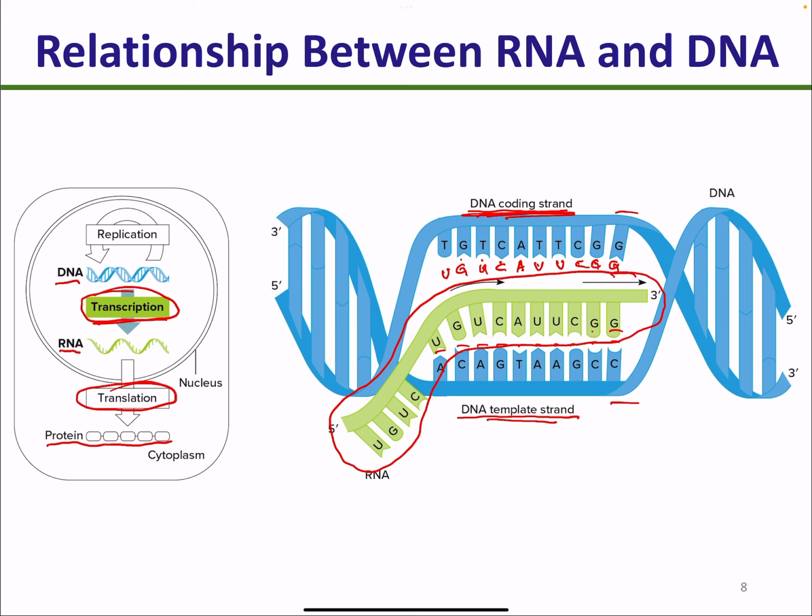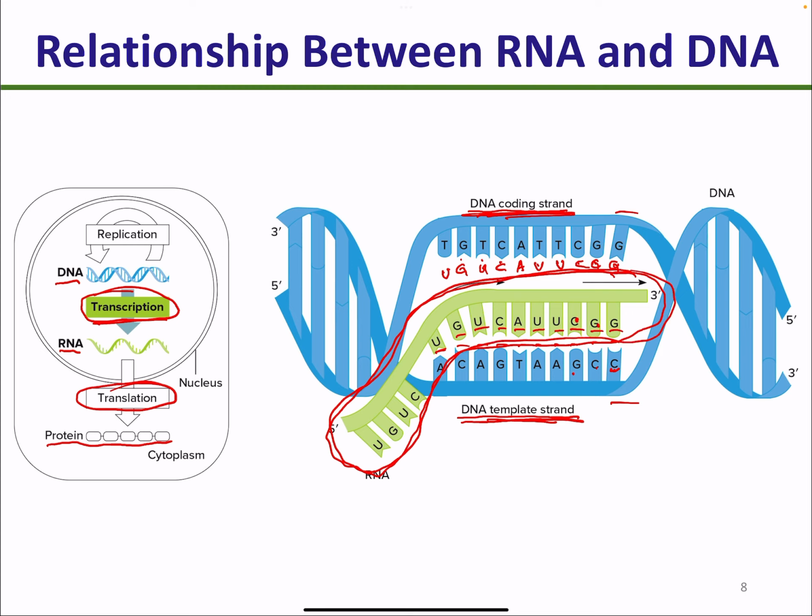We have G, G, C, U, U, A, C, U, G, U. And notice that each of these is complementary to the nucleotide here. G complementary to C, G complementary to C, C complementary to G, and so on and so forth. All right? And the RNA polymerase is the one that allows us to read the DNA template strand into this sequence of RNA. All right?